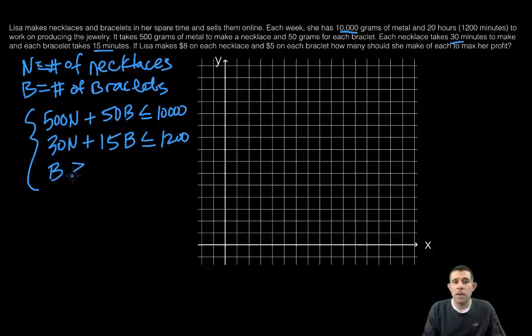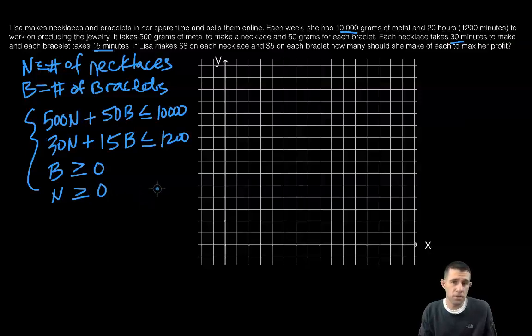B, the number of bracelets, has to be greater than or equal to 0. You can't make negative bracelets. And the last one is that N has to be also greater than or equal to 0, because likewise you can't make negative necklaces. All right, now let's label our axes here. In this particular problem, we're going to let N equal our x-axis and B be our y-axis. So we're going to go up in increments of 10 here.